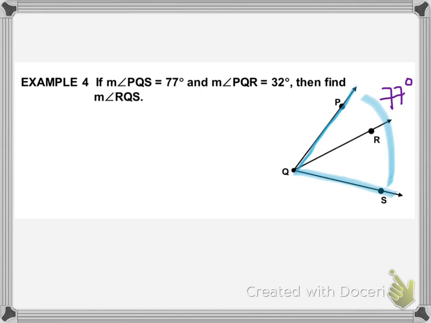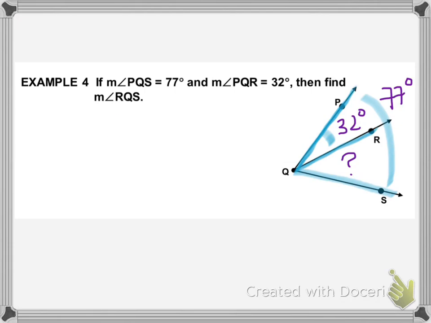Okay, and the measure of angle PQR, that's this angle, right here, it has a measure of 32 degrees. Then find the measure of angle RQS. That's basically this angle. Okay?